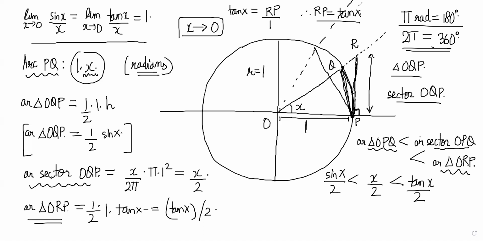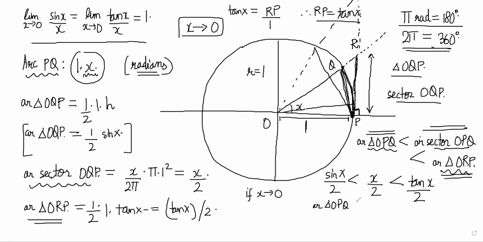Yes, sir. Imagine that. But if the angle was made smaller and smaller, you will realize that the difference in areas of this and this and this will become smaller and smaller, right?